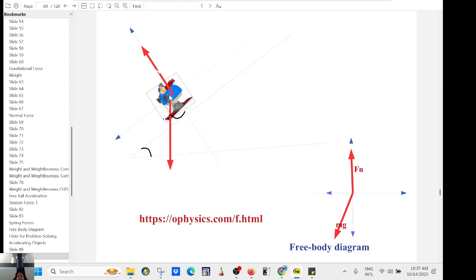And make sure that weight goes straight down to the center of the earth. And then you always take the x-axis along the plane, so the weight will have 2 components. So you have to memorize it.